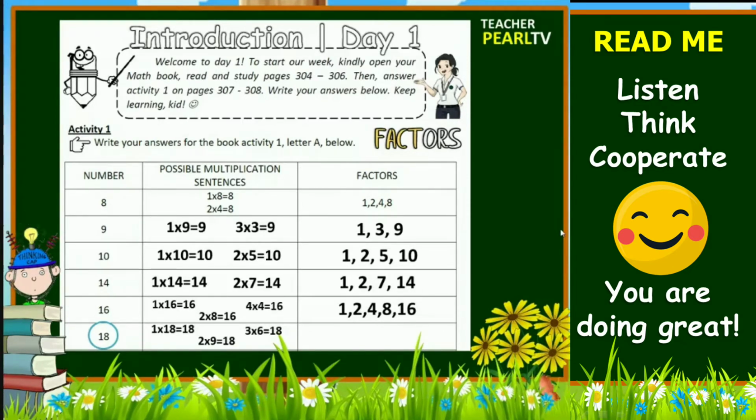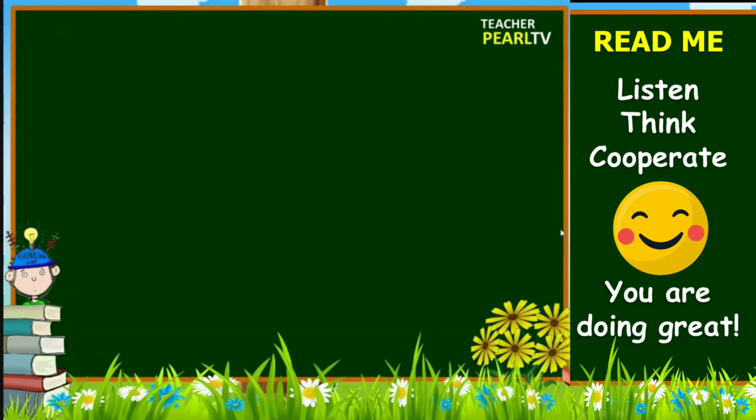So the factors of 18 are 1, 2, 3, 6, 9, and 18. I hope you understood our lesson. That's all for now about factors. Let us now proceed to multiples.